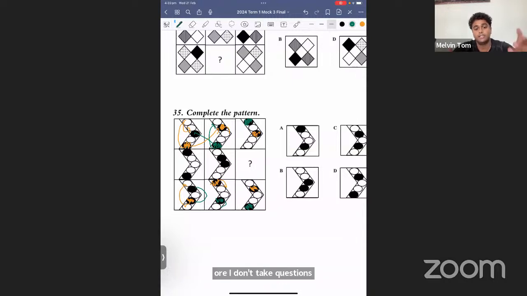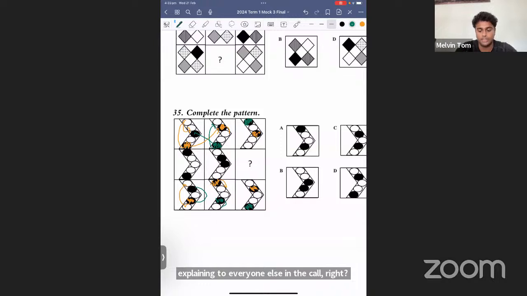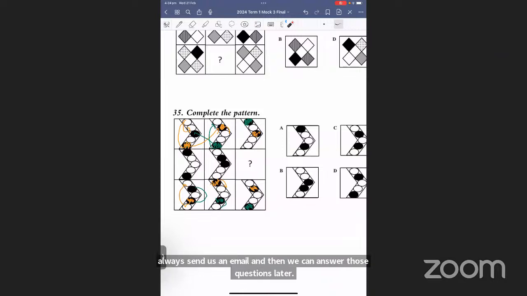Especially Sanjay, I was in the middle of explaining a question, so by asking that question it throws me off what I'm explaining to everyone else on the call. And it's not relevant to this question here. So in the future, I would like you to either wait, or you can always send us an email and then we can answer those questions later. Okay? Okay, thanks.